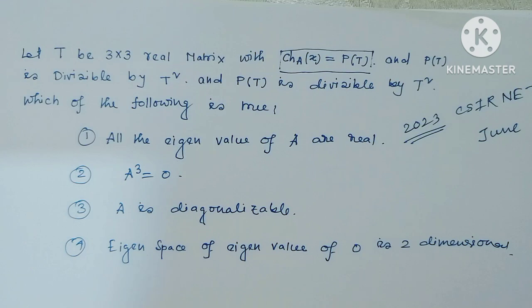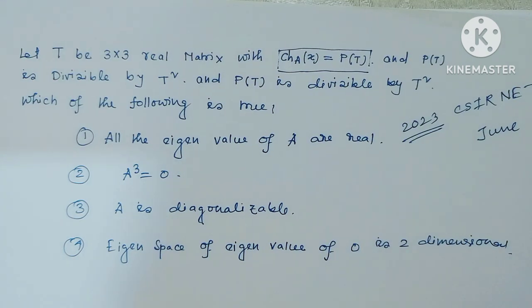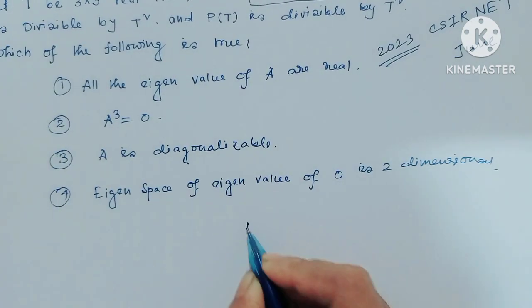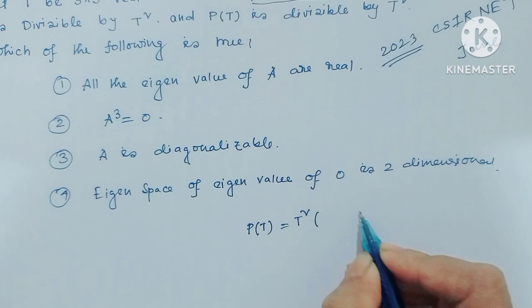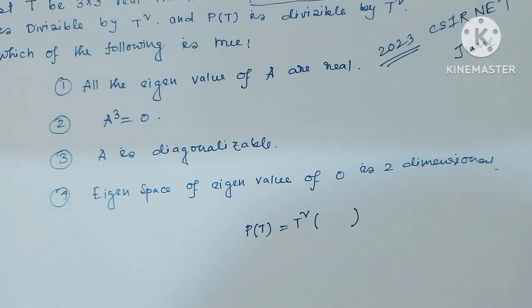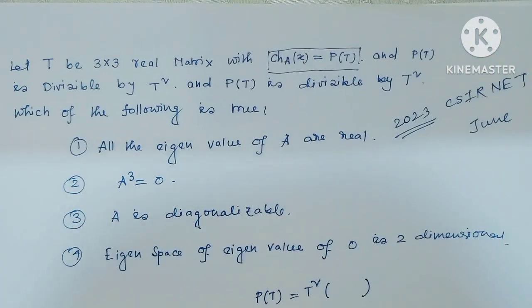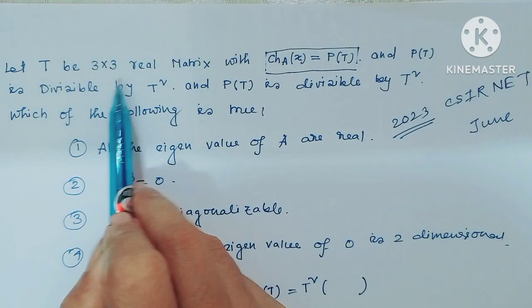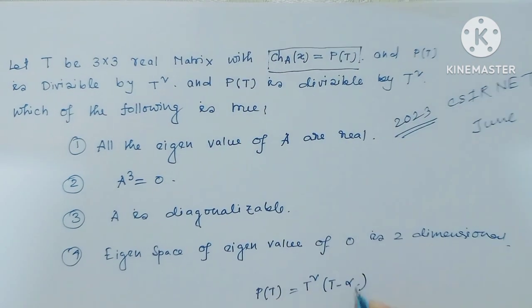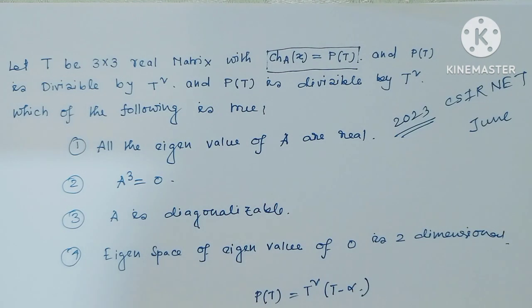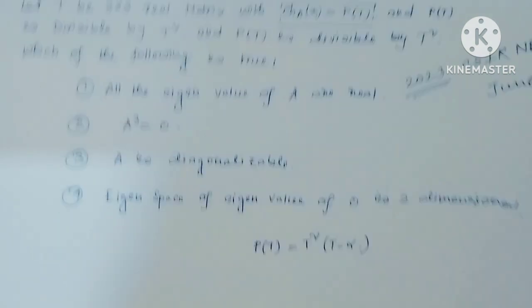Notice P(t) is just a polynomial divisible by t square. That means P(t) would be t square times another factor. But since A is a 3x3 matrix, this would be t minus alpha. Then which of the following is true?